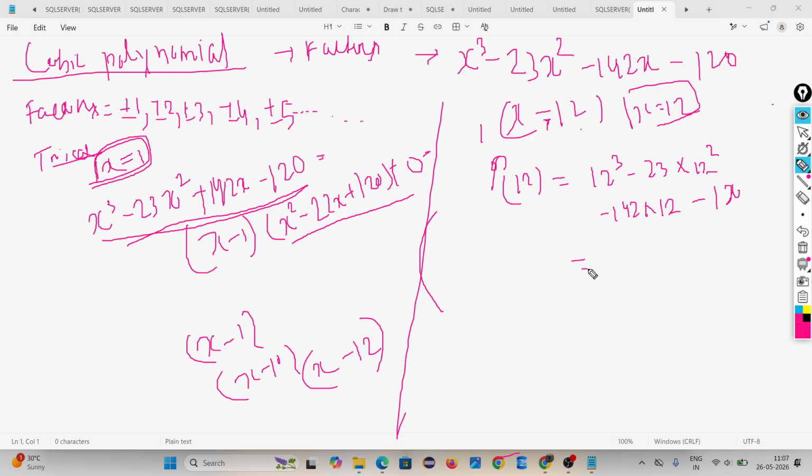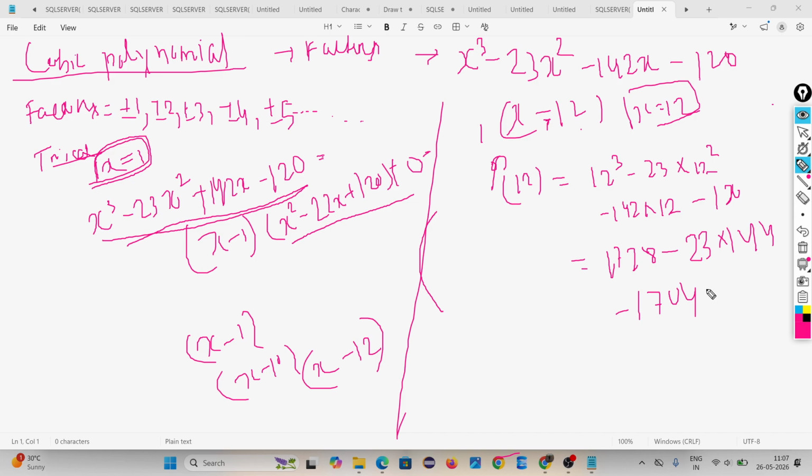12 into 12 into 12 will be 1728. When you multiply, it will give you 1728 minus 23 into 12 square, 144, minus 23 into 144, minus 142 into 12, 1704.